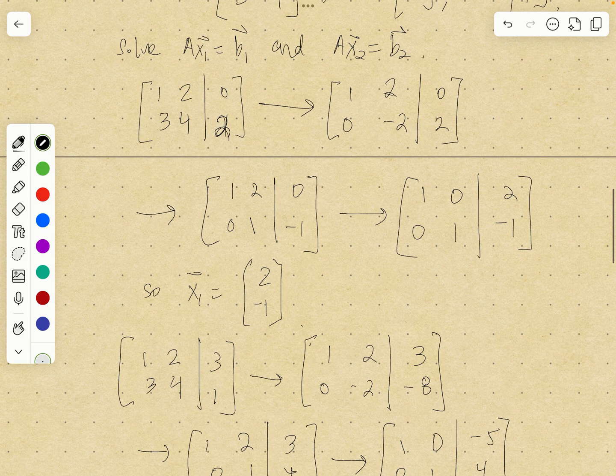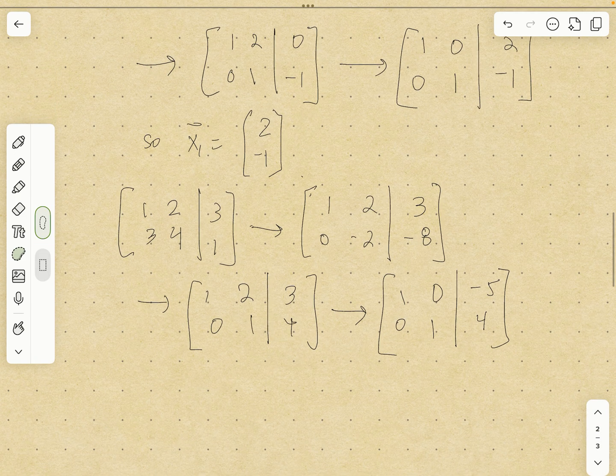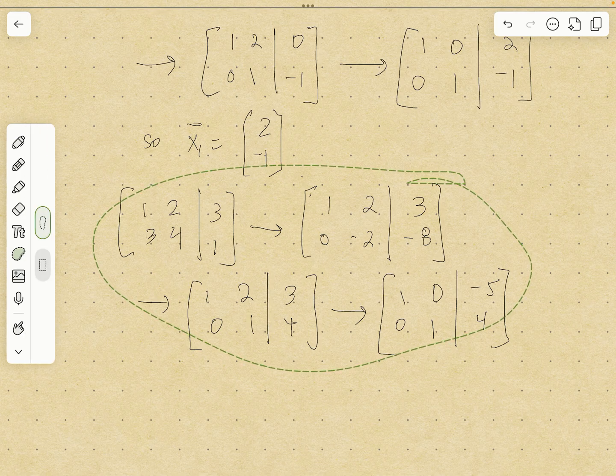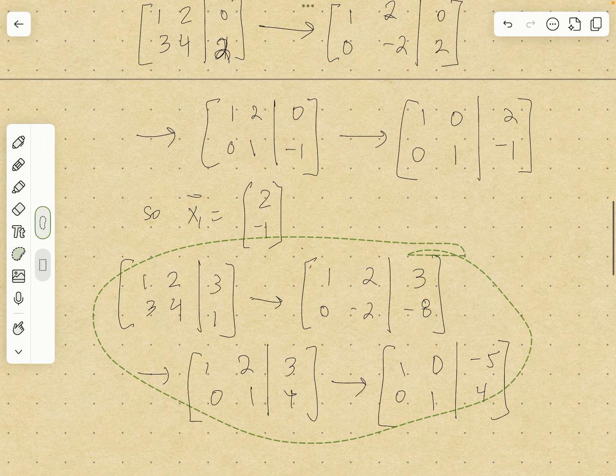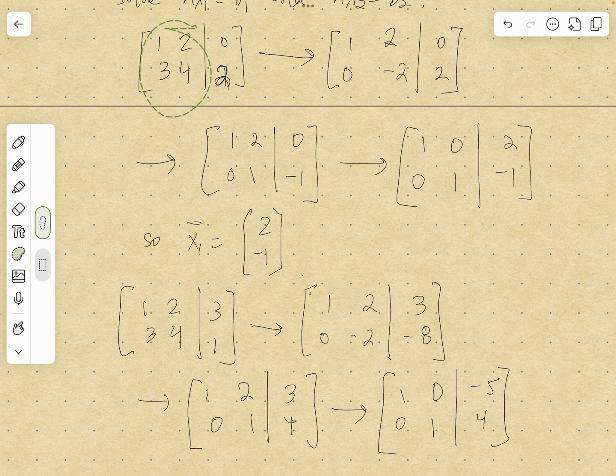So if you just look at what we did here, and here, and here, when you look at what happened to the coefficient matrix, it was like this, and then it became that, and then it became that, and then it became that.